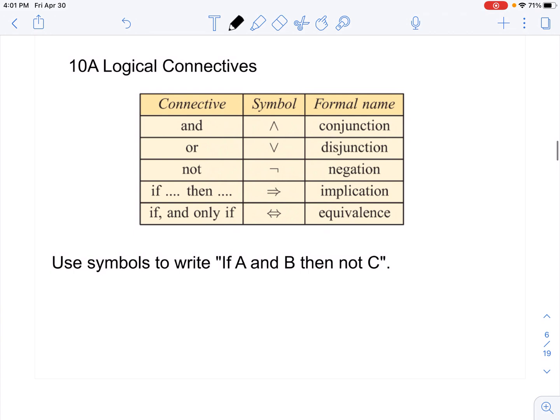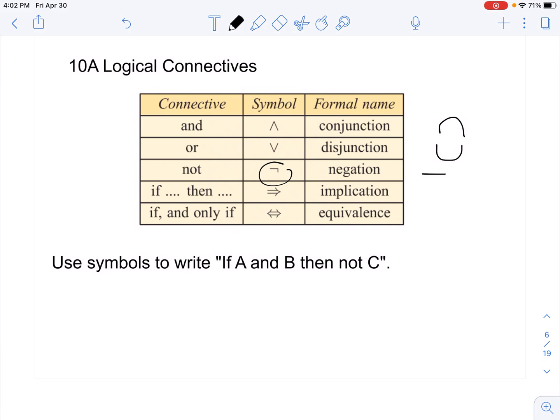All right, 10A, logical connectives. These are just some symbols that you might use. That word and is a connective. The symbol for and is that symbol, but you might also see it like this. We use that in probability. Or, same thing, you might see it like this. Negation, I've seen it like that in some books, but our text uses that.